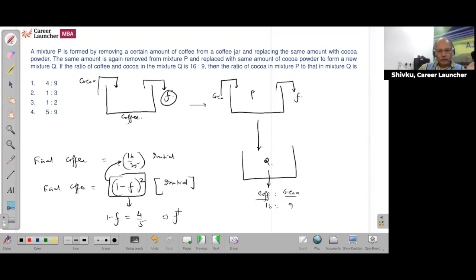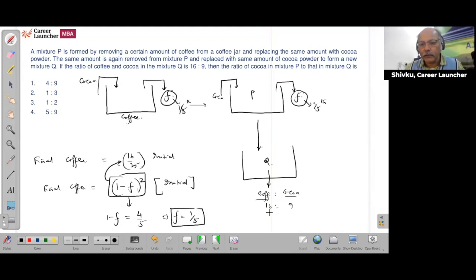So you'll get f is equal to 1 by 5. What does it mean? It means each time you're removing some amount, you're removing 1/5 of the total volume. And we did this twice.